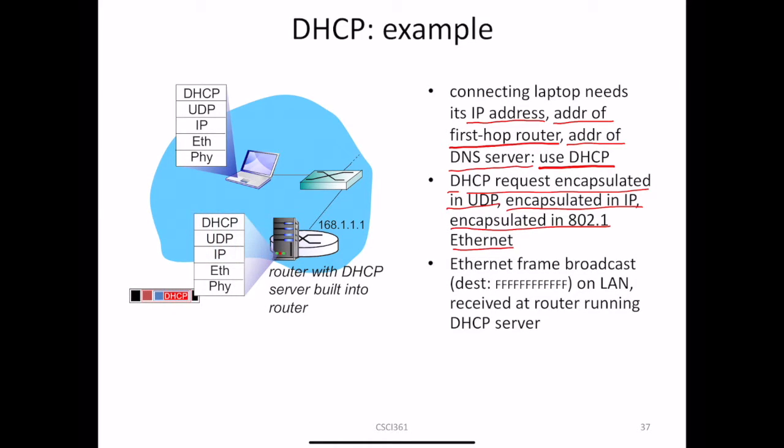The laptop will use a broadcast destination IP address on the local area network. And this Ethernet frame is received by the router running the DHCP server. Usually the DHCP server sits with the router, or they are combined together.